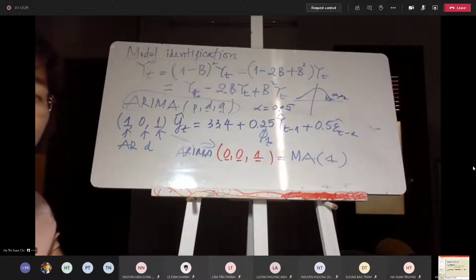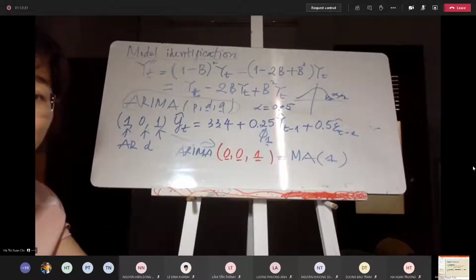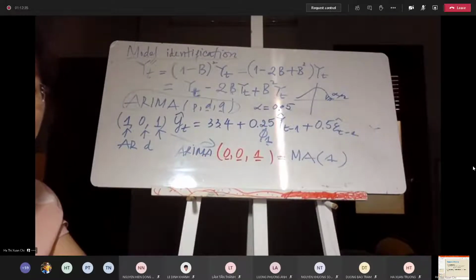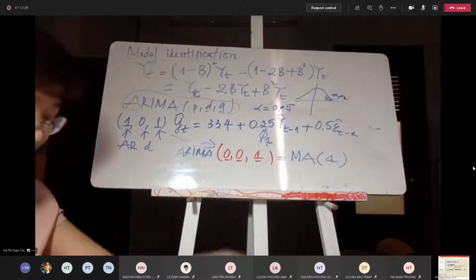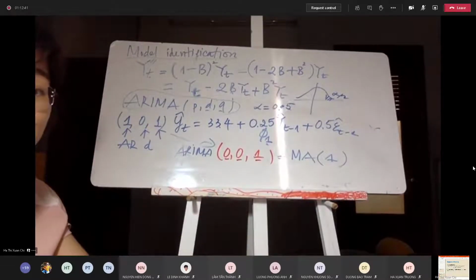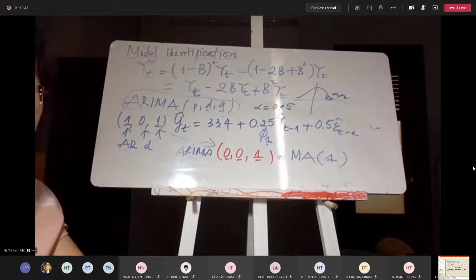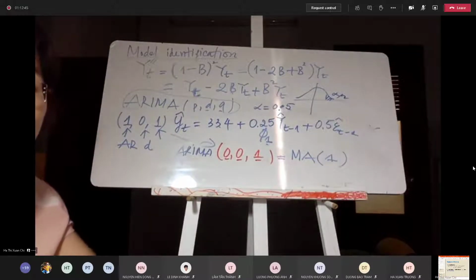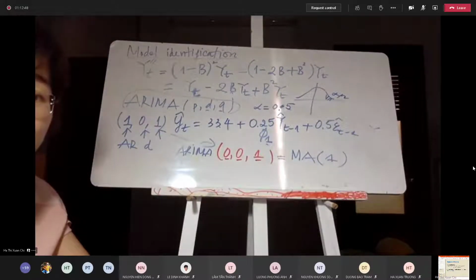When we use that test, Q star follows the chi-square distribution.